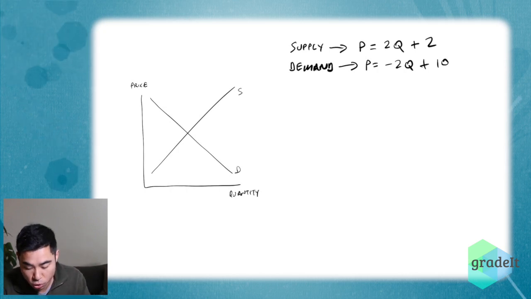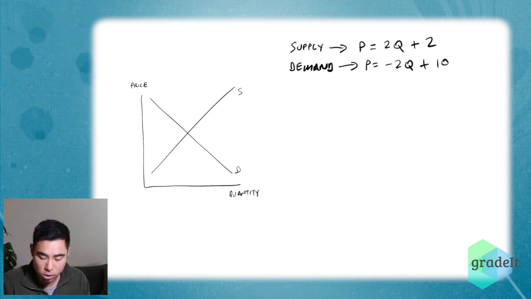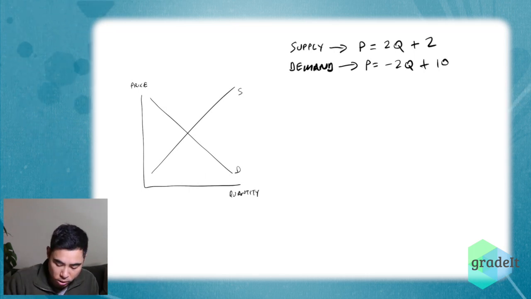But now I have my two equations, my equation for my supply curve and my equation for my demand curve. I've got a system of two equations in two unknowns, and I can solve this system of equations and I can work out the value of each of those variables. Okay, so all I'm going to do is solve these simultaneously.